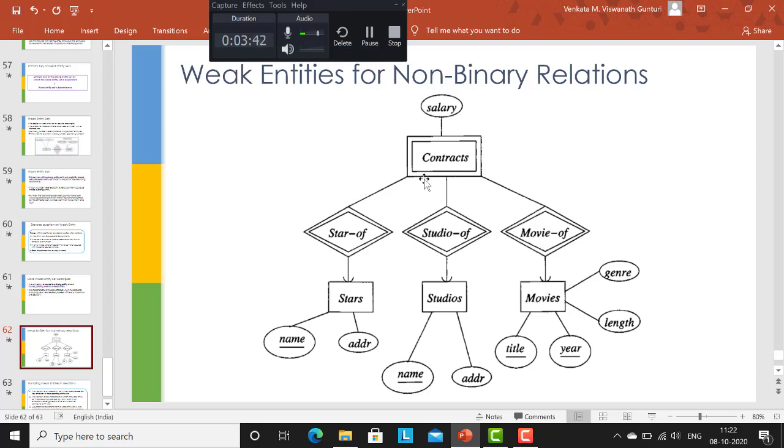So that means for a contract to exist, I should have one primary key from here, one primary key from here, and one primary key from here, right? So this is how, and in your Ullman textbook, there is a circle like this, which means that the tuple which the contracts entity is pointing to must exist, right?